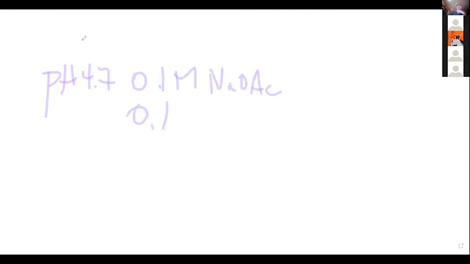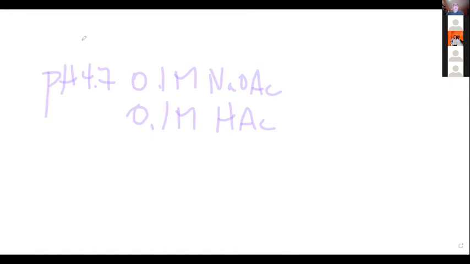It was just determining the pH of the 2 milliliter buffer. So we had the Ka. That's where we had our pH 4.7 buffer, right? Yes, we had equal volumes of 0.1 molar sodium acetate and 0.1 molar acetic acid, and we put those two together.